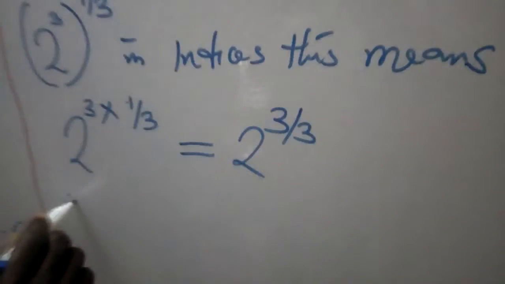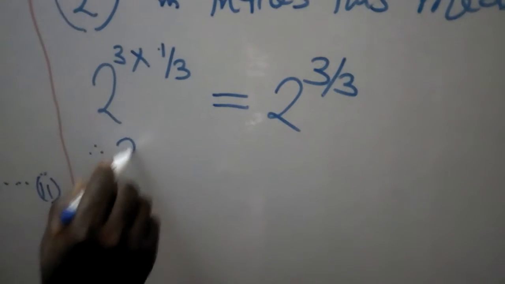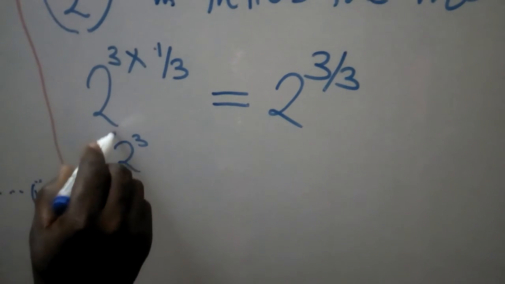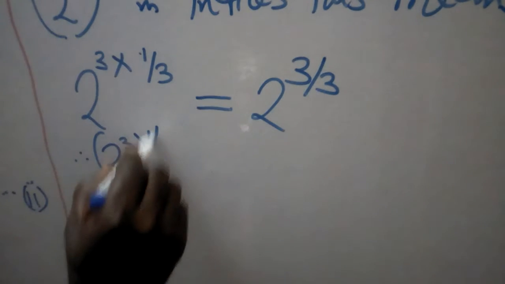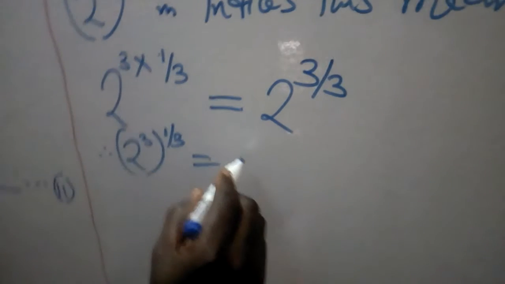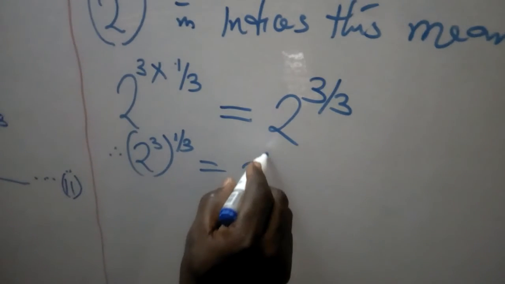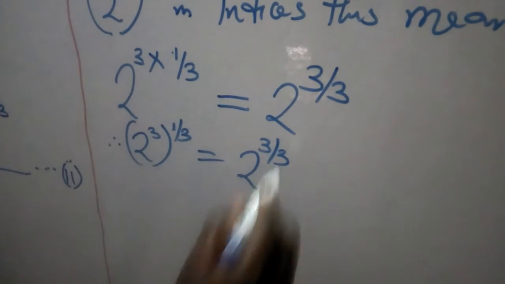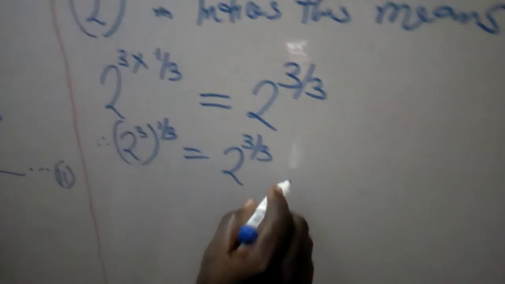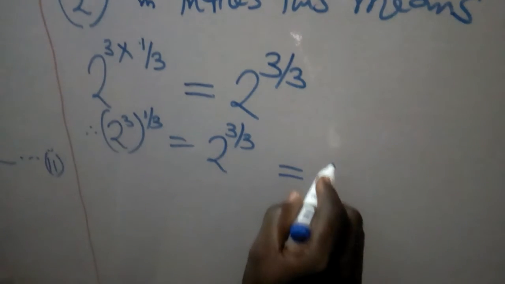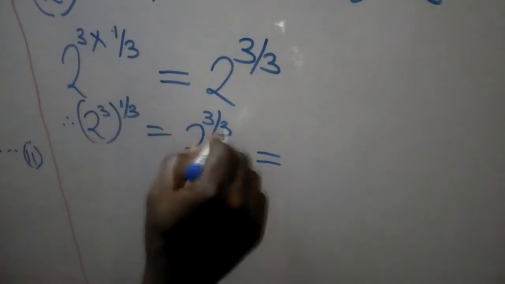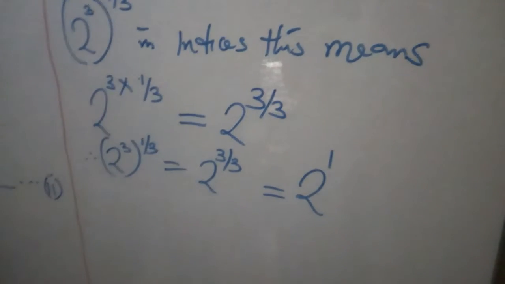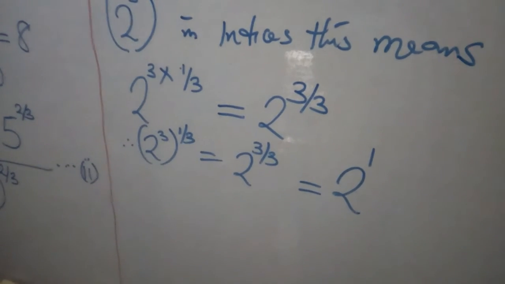Therefore, 2 to the power of 3 times 1 over 3 is equal to 2 to the power of 3 over 3, and the 3 over 3 cancels to 1. So you now have 2 to the power of 1. That's for that.